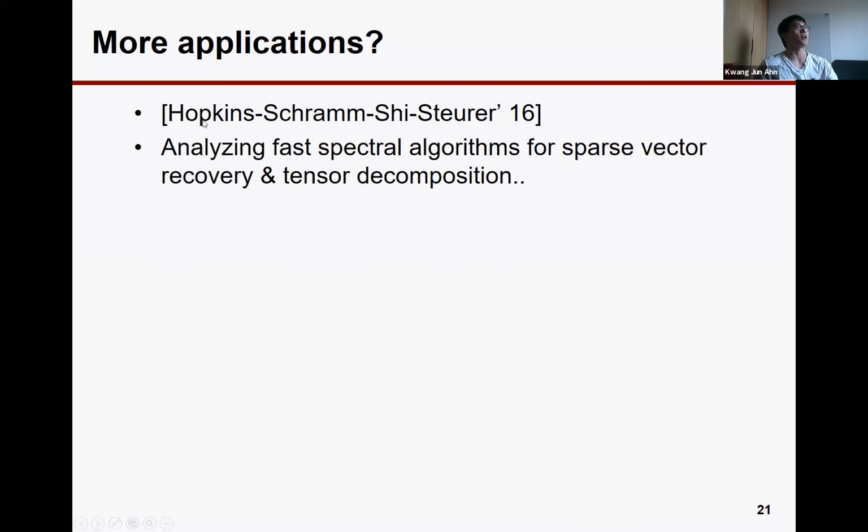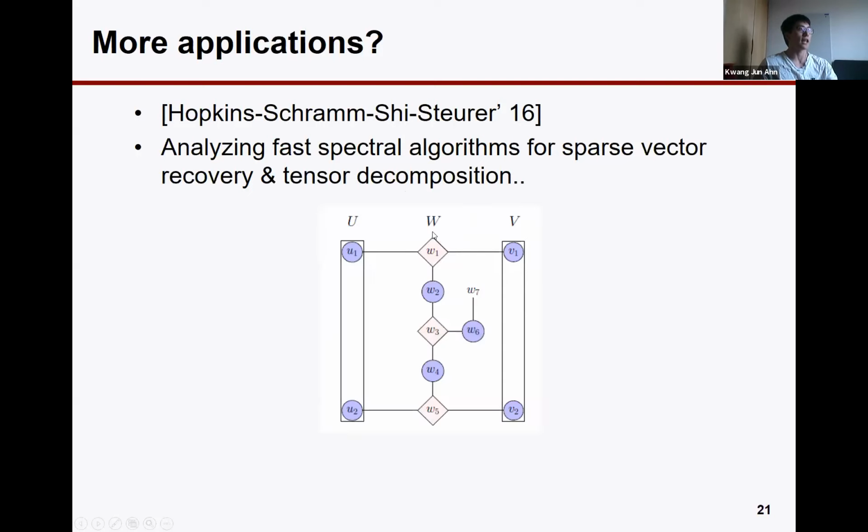And also these interesting results by Hopkins et al. on analyzing fast spectral algorithms and sparse spectral recovery. We can actually capture that with this somewhat complicated matrix, but the norm bound will be easy because all we have to do again is just compute the minimum weight separator.